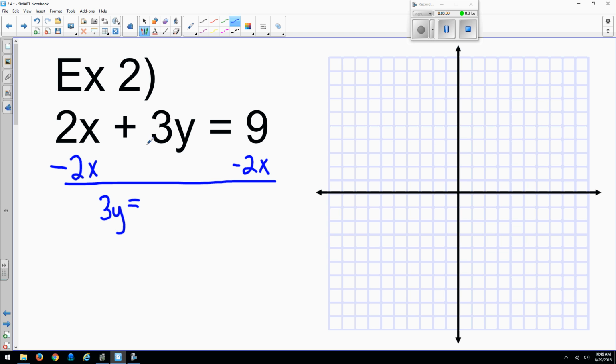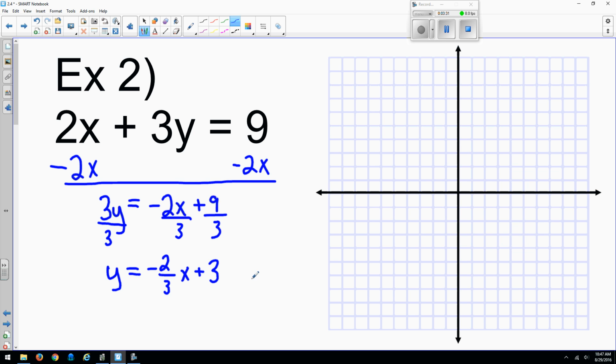This is 3y is equal to negative 2x plus 9, just keeping it in that slope-intercept form. And then I'm going to divide by 3, and probably the easiest thing to do is just divide every single term by 3. And so I have y is equal to negative 2/3 x plus 3.